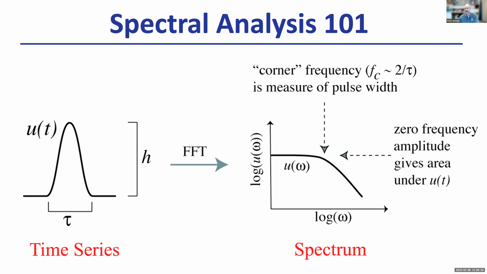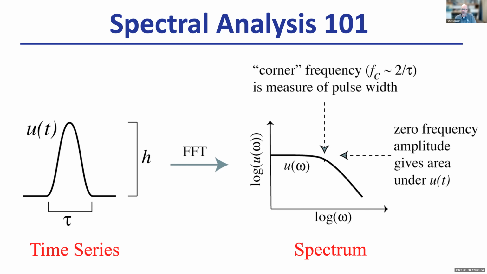So if we work in the frequency domain rather than time domain, we compute the Fourier transform of this pulse, and we plot it on a log-log scale like we almost always do in source spectral studies. Then it has this flat part, that's the zero frequency amplitude that's related to the area under that pulse, but it's also proportional to the moment of the earthquake.